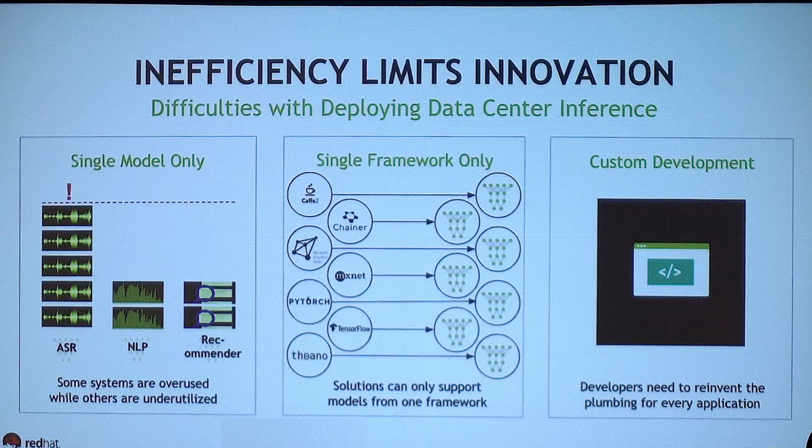Similarly with custom development, if every single team builds out their own custom pipeline, one for each use case that they're deploying, that's not efficient because they're all really doing the same underlying task, which is inference. Having one solution that manages all these pipelines makes that portion easier.